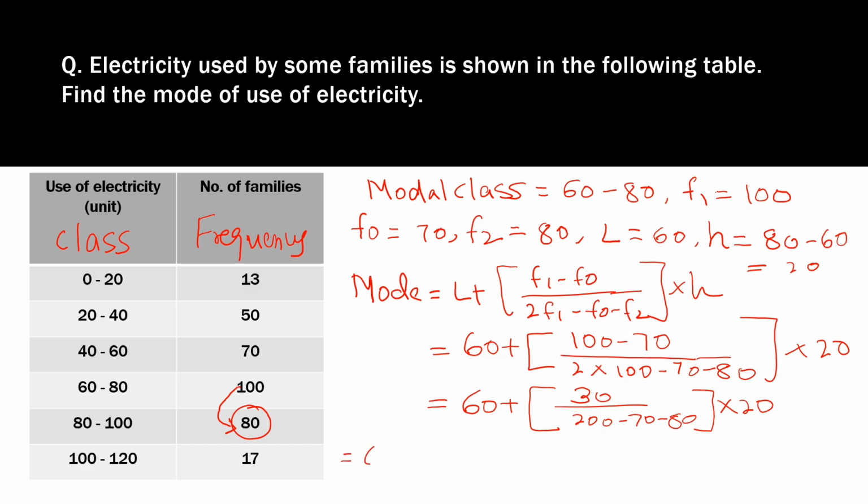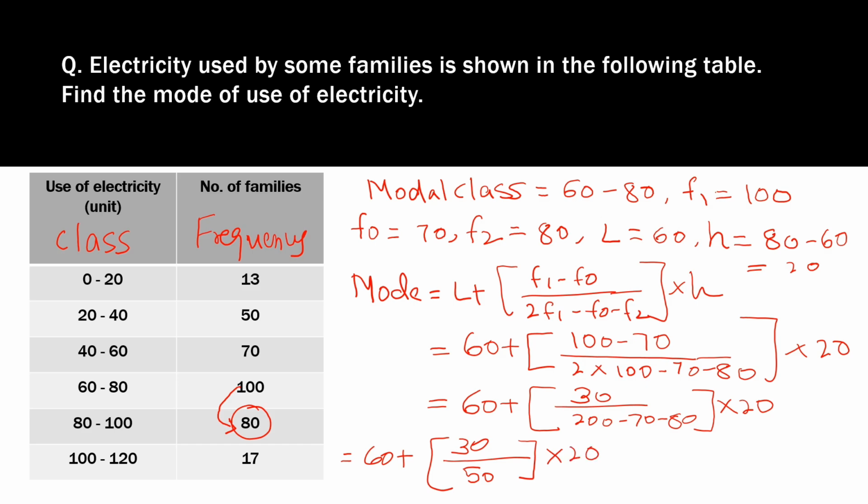So we will get here 60 plus 30 upon, 200 minus 70 is 130, 130 minus 80 equals 50. So we'll get here 50, close the bracket, multiply by 20.